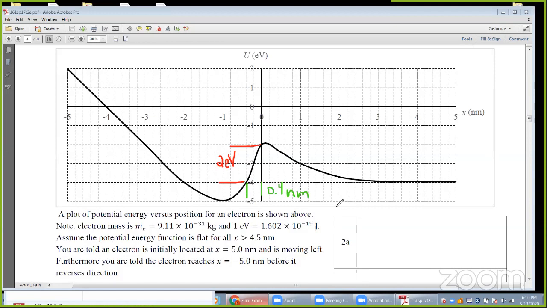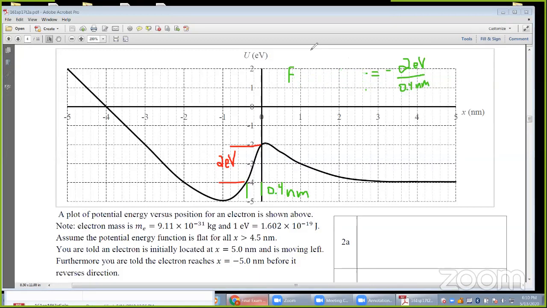And now you have to convert. So the force in the x direction is equal to negative rise over run, which is negative 2 eV per 0.4 nanometer.